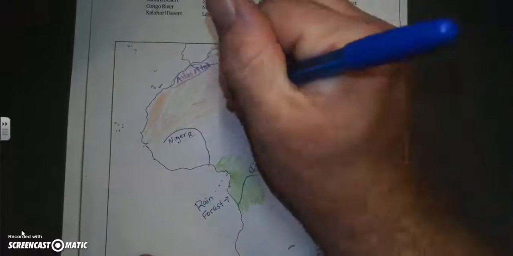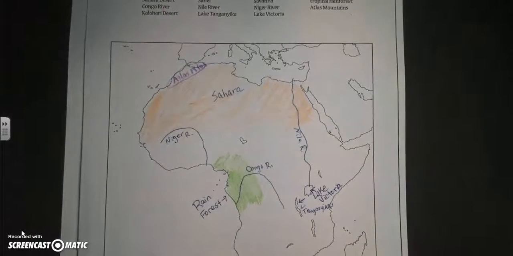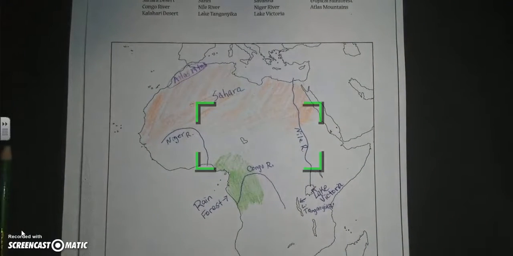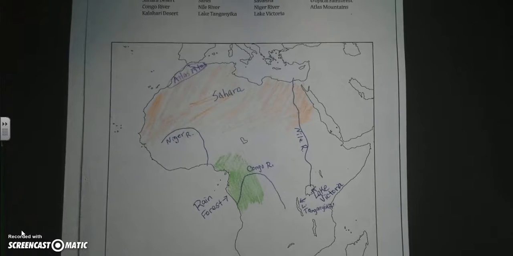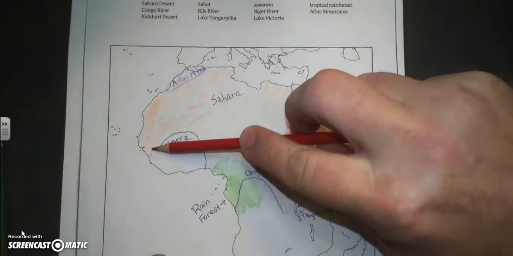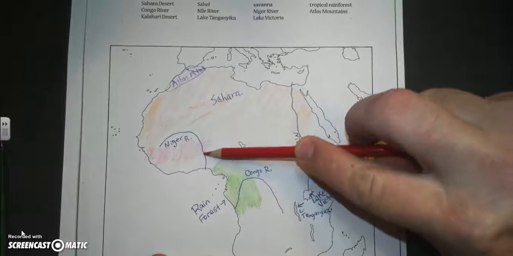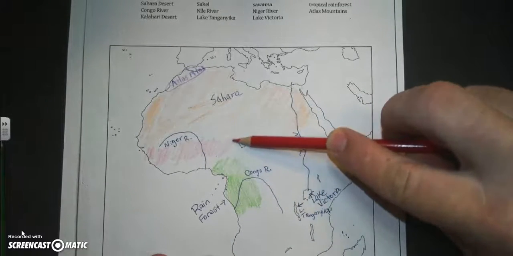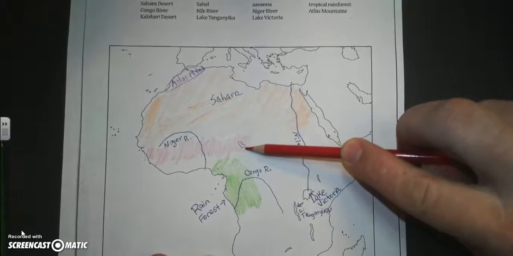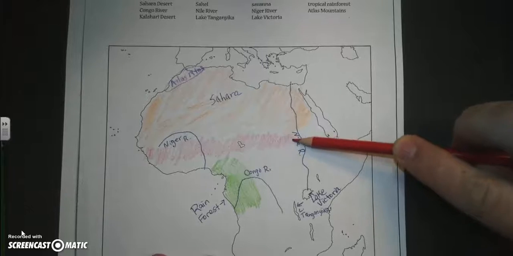Okay? So this was the Sahara. That's the rainforest. Okay? Now, in between the rainforest and the Sahara, we're going to find a transition zone. This transition zone is going to divide the harsh desert of the Sahara to the lush tropics of the Congo.